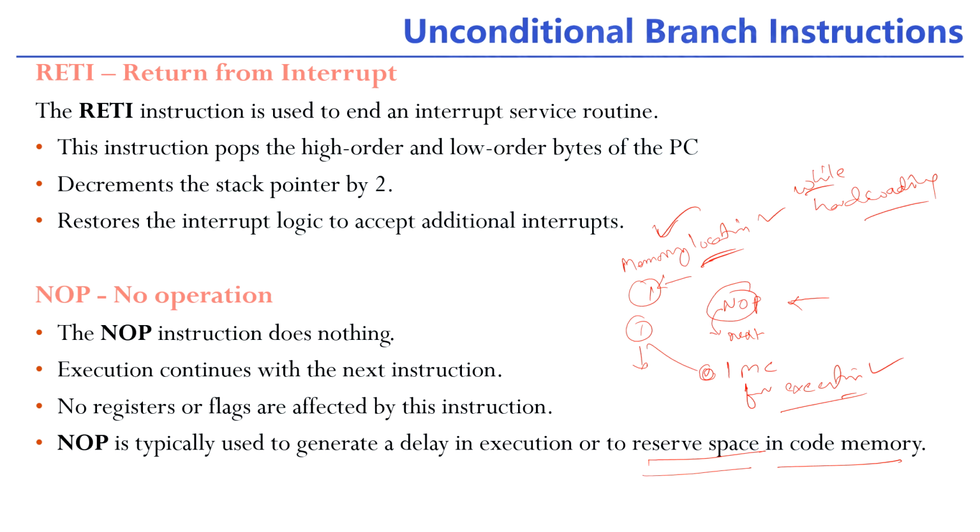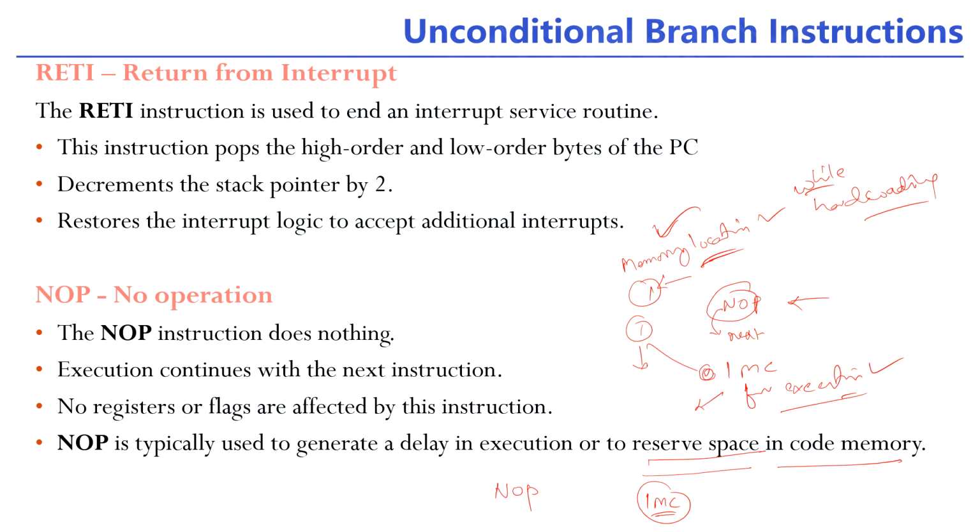The other application is that it consumes one machine cycle. Suppose, for example, I need to generate a delay of 10 seconds, 10 milliseconds, or 10 microseconds. Let us consider 10 microseconds. Now, I'll repeat this NOP instruction. It will take one machine cycle to complete.